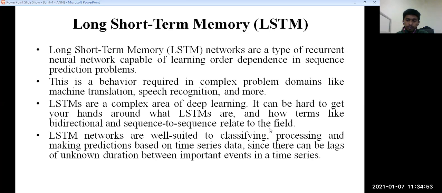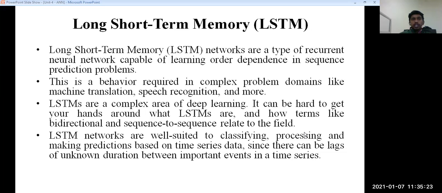Okay, so let's talk about this long short-term memory concept with respect to RNN. Everybody needs to remember this, because even in examinations these questions can be asked: what is the use of LSTM or long short-term memory in your RNN? LSTM networks are a type of recurrent neural network capable of learning order dependence in sequence prediction problems.